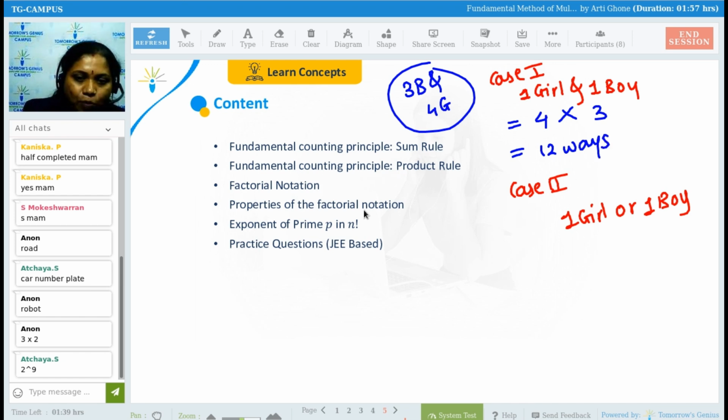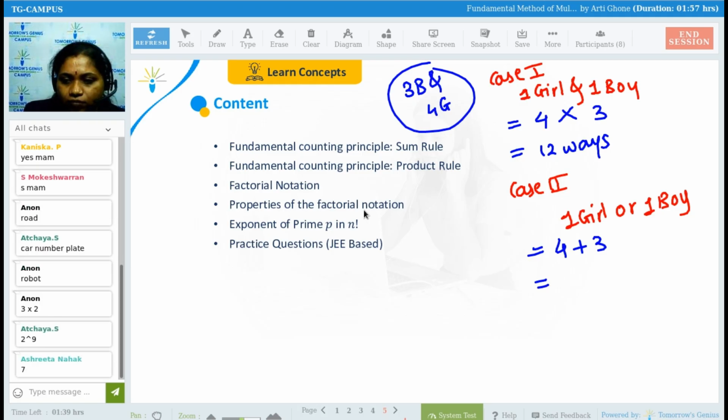Clear? In the other case, I have one girl, which is 4, or one boy, which means 3. So the total ways of doing this task is 7. Clear? This is the difference, and these are your fundamental counting principles, which are the sum rule and product rule. For performing the first task, I have m ways, and for performing the second task, I have n ways.